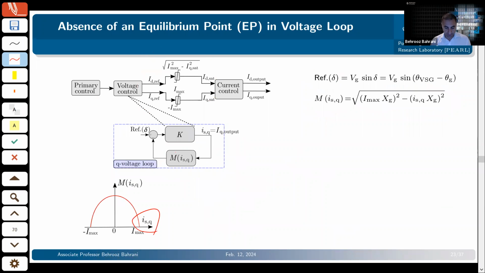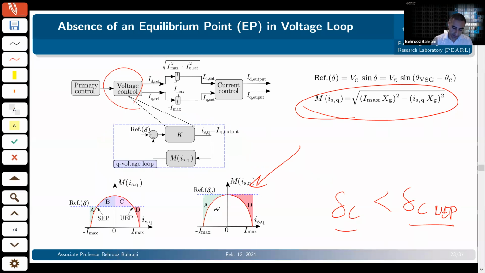That delta C that I'm showing here is happening before the UEP of the P delta curve, meaning that the voltage controller is becoming unstable before my negative feedback region is reached. So the system is becoming unstable not because I'm going to the negative feedback region of the P delta curve, but because the voltage controller has become unstable before I even reach that.